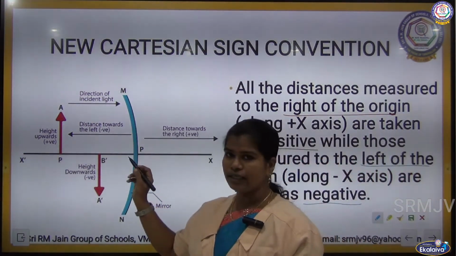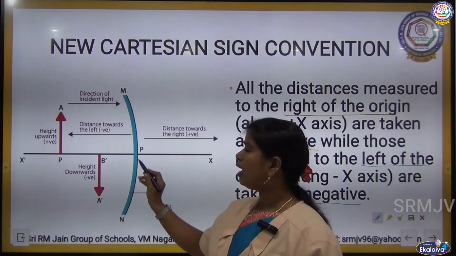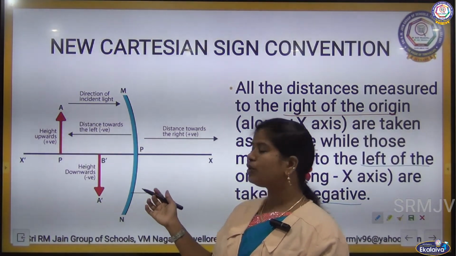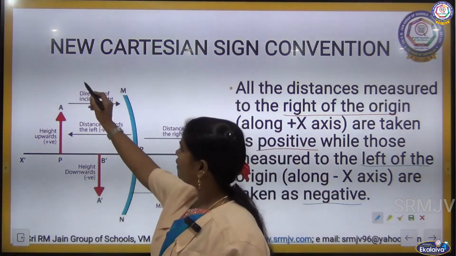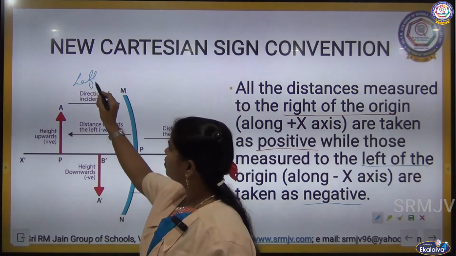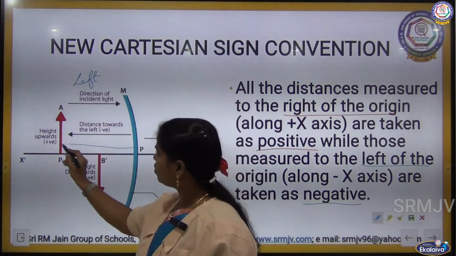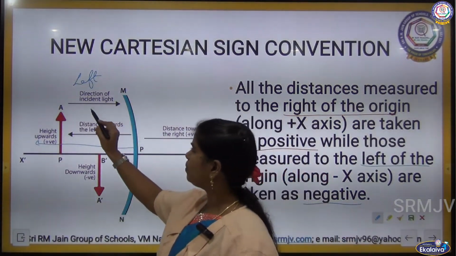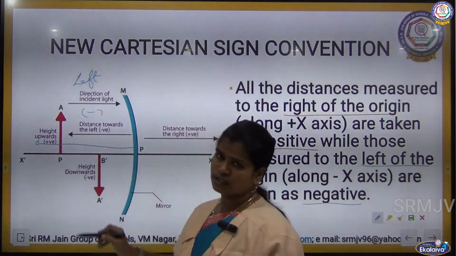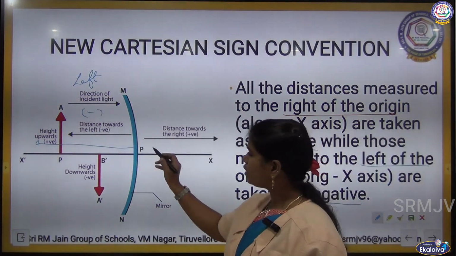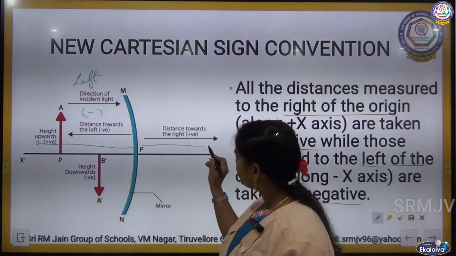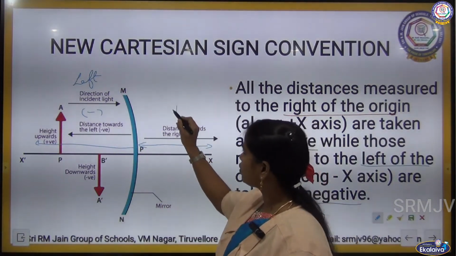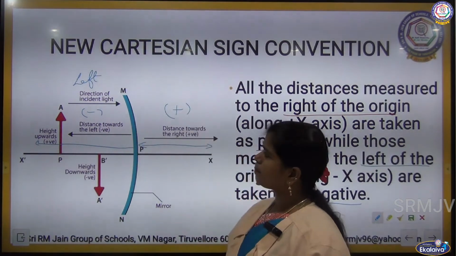So, here you can see there is a concave mirror, and in this concave mirror, all the measurements we are measuring on the left hand side from the pole, parallel to the principal axis, will be given a negative sign. Okay. And all the measurements we are measuring to the right of the pole, we have to give a positive sign. Yes.